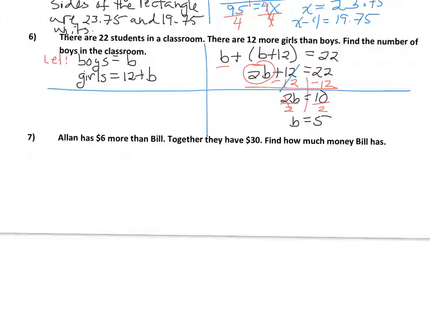What does the question ask? The question says find the number of boys. Does that answer the question? Yes. We don't have to go plug it back into 12 plus B, because they don't care about the number of girls. They only care about the number of boys. So we've actually solved the problem. So therefore, restate the question, find the number of boys in the classroom, as an answer.